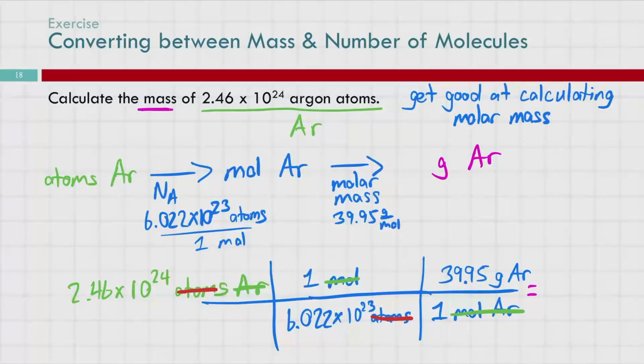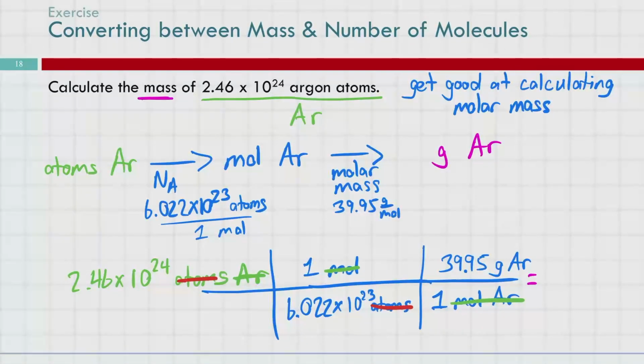So we are going to be taking everything on the top and multiplying it and dividing by everything on the bottom. It's important, if you're going to use the times 10 raised to the power button or function on your calculator, you probably want to put parentheses around the 6.022 times 10 to the 23 that's on the bottom.